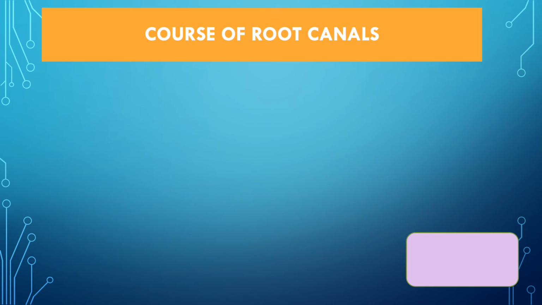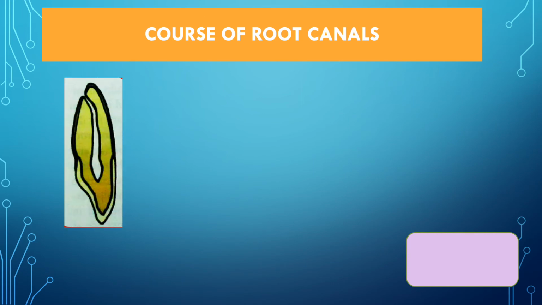A straight root canal extending the entire length of the root is uncommon. Either a constriction is present before the apex is reached, or, as is often the case, a curvature is present. The curvature may have four courses.